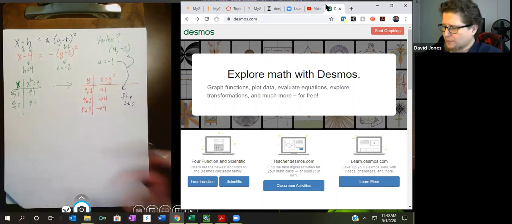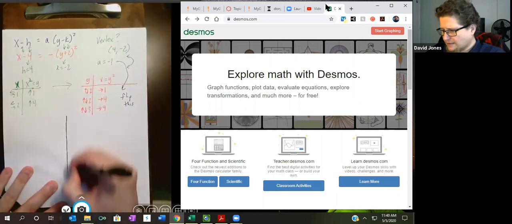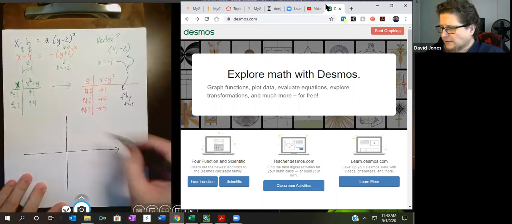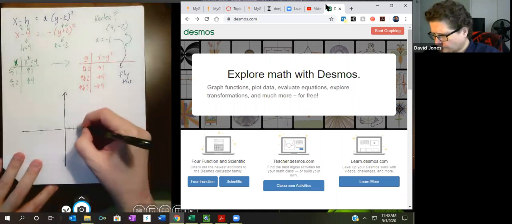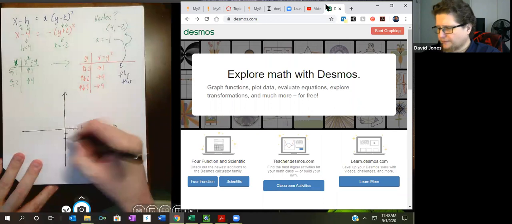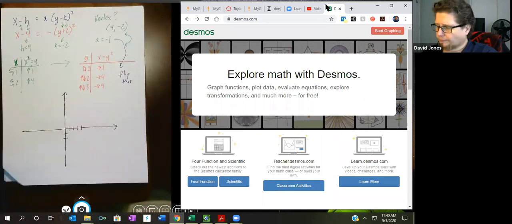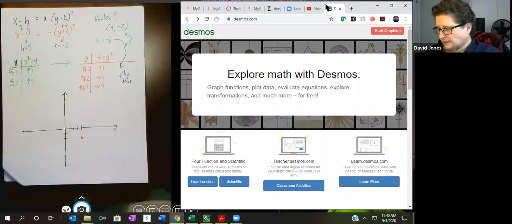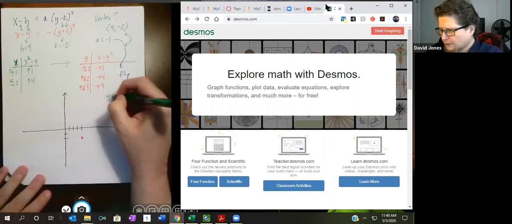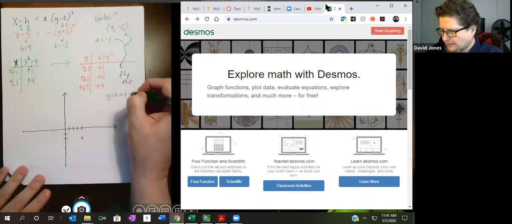So let's graph this by hand. Our vertex is at (4, negative 2). If I stick in y equals 0, y equals 0 will give me my x-intercept.